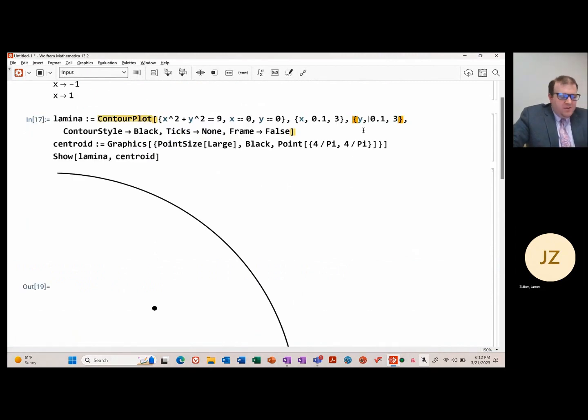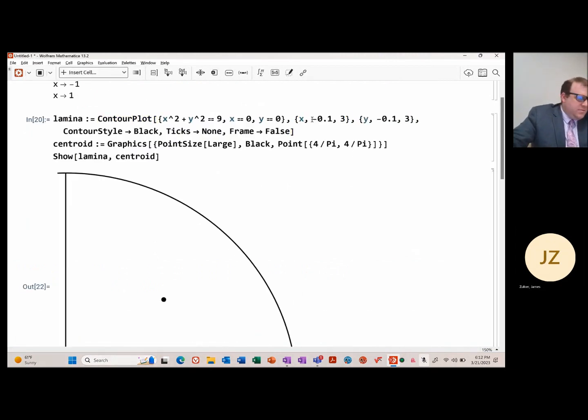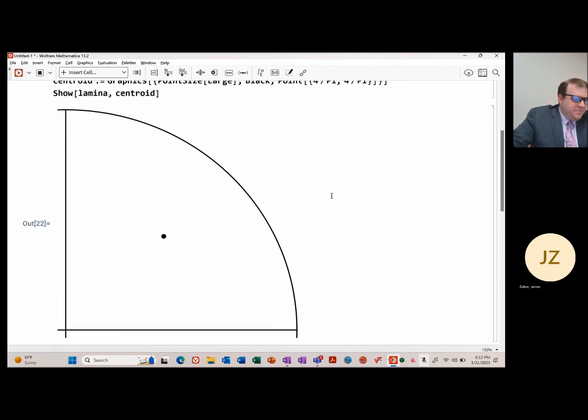Went the wrong way. Negative to negative. There we go. So smack dab in the middle as expected.